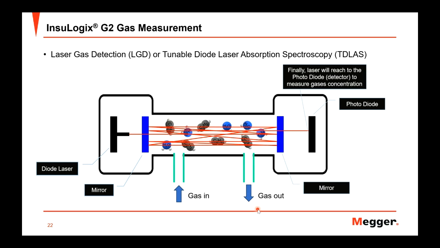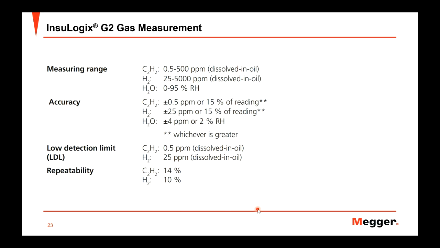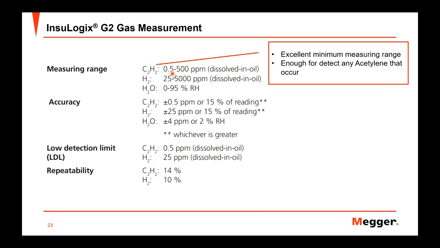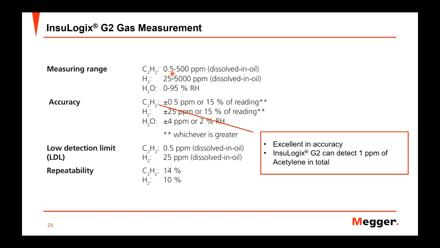And this laser is very, very accurate, because our equipment can measure acetylene down to 0.5 ppm, which is a very small amount. We can measure at an accuracy of plus and minus 0.5 ppm of the acetylene.